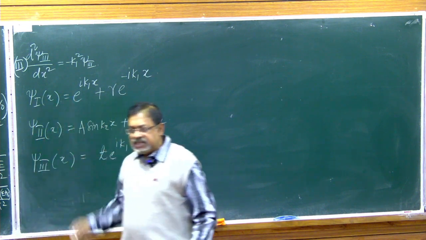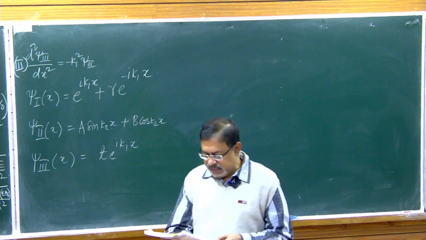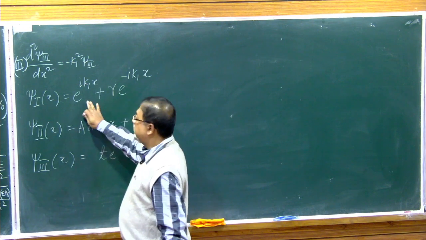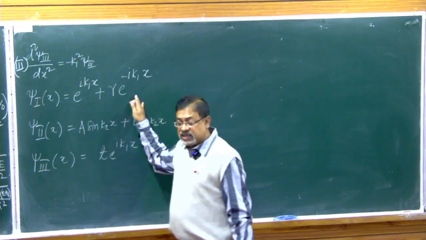Okay, so these are the three solutions for these three regions, and so there will be an incoming flux on the first region, and there will be a reflected flux as well.